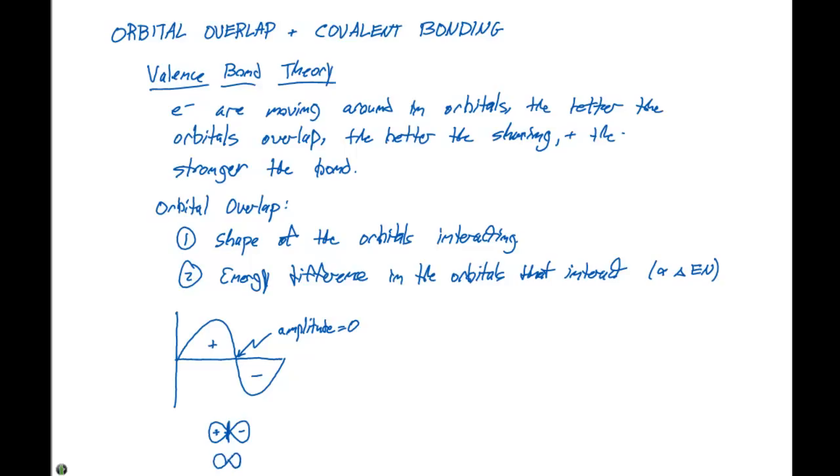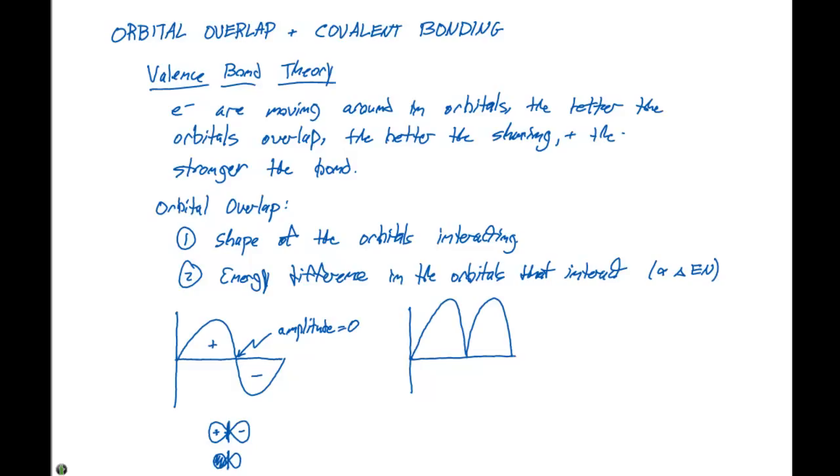Sometimes the orbital is represented shaded like this, showing that the wave function changes sign from positive to negative. So here's our function of our wave with a positive amplitude and a negative amplitude and an amplitude of 0. Our probability density function is going to be the square of this amplitude. So basically, when we square this term, we're going to get something that looks like this.